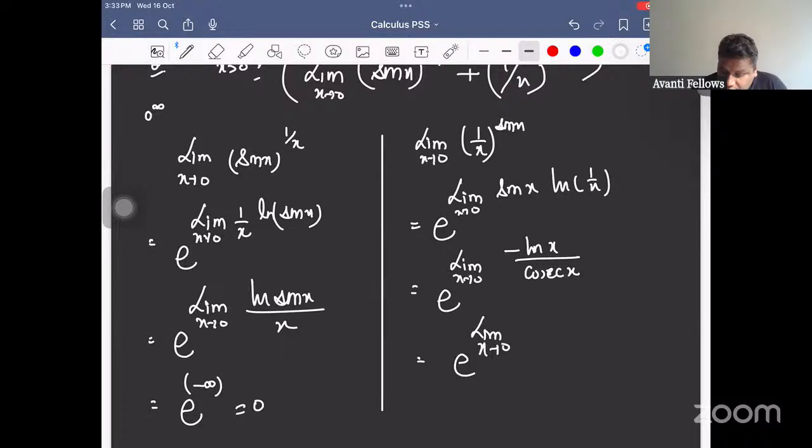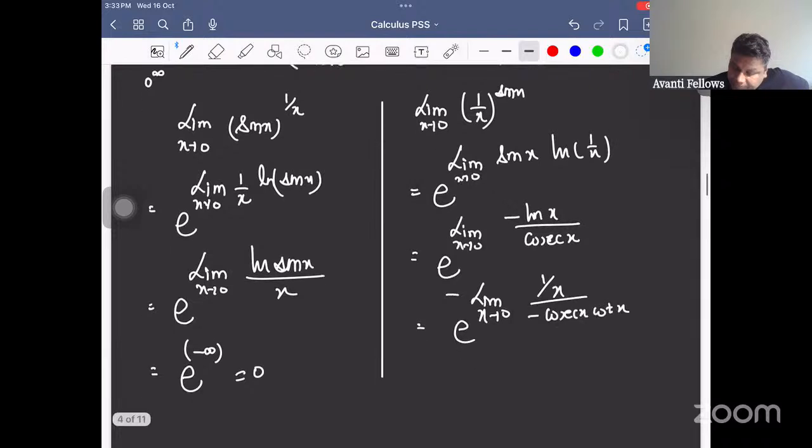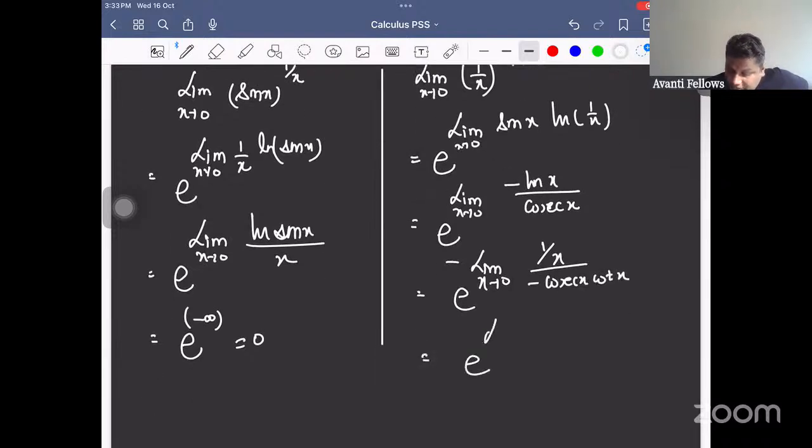Limit x approaches to 0. Derivative of ln x is 1 by x. Derivative of cosec x is minus of cosec x cot x. So it is e to the power limit x approaches to 0, sin square x upon cos x, with one more x in the denominator. Now this sin x upon x will go 1 and another sin x will make it 0.